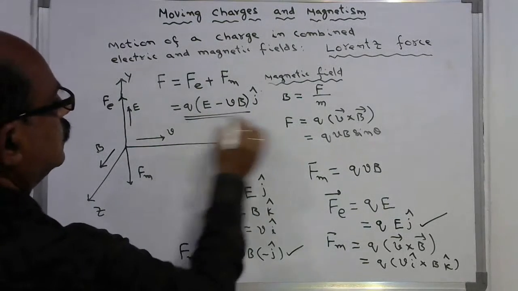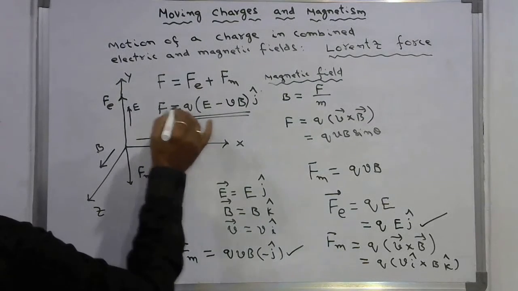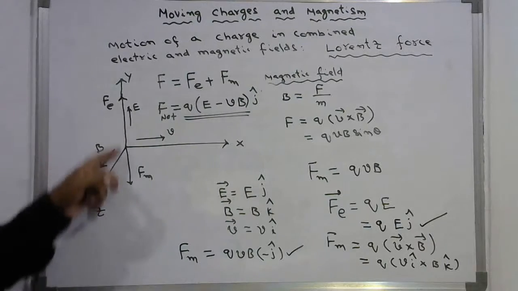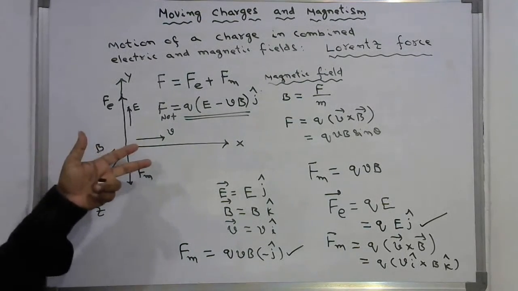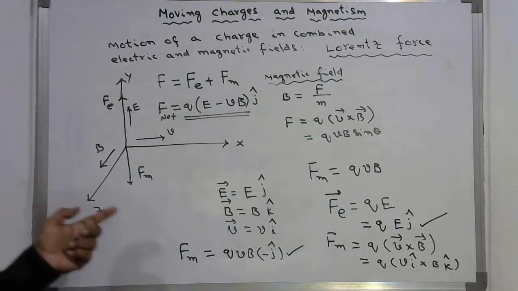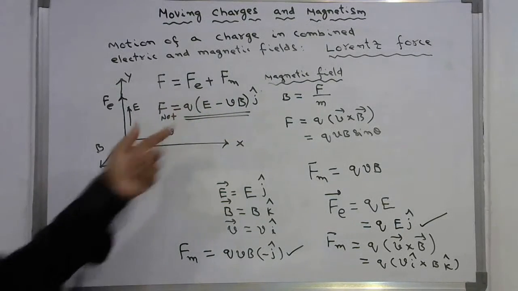This is the net force acting on the moving charge when it is moving through mutually perpendicular electric field and magnetic field. So this is how we can represent the net force.